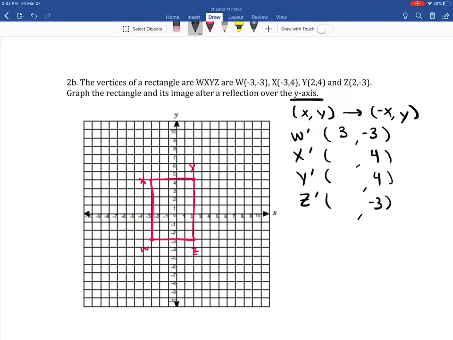So in W, my original x was negative, it's going to become positive. In X, my original x was negative, it's going to become positive. In Y and Z, they were both positive, so they're going to become negative. So notice, this does not necessarily mean that it becomes negative, it just means it switches signs.